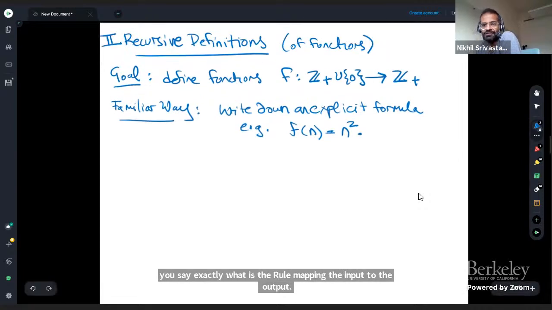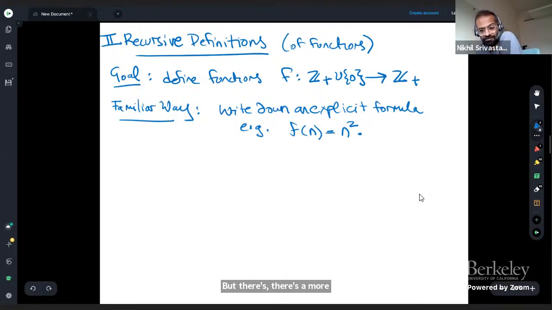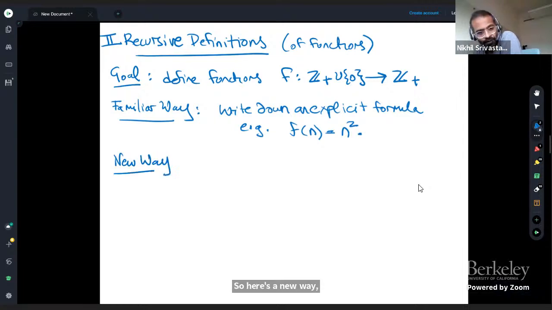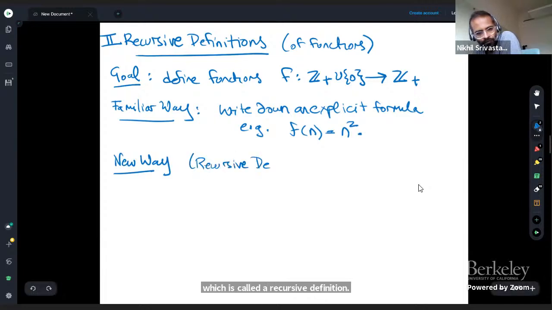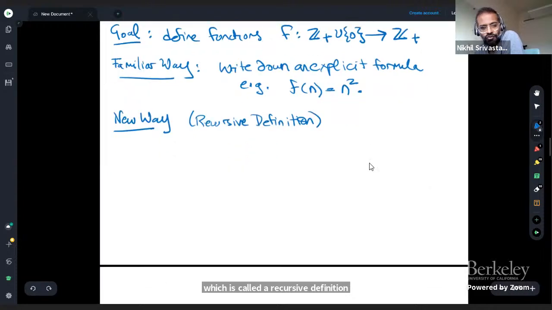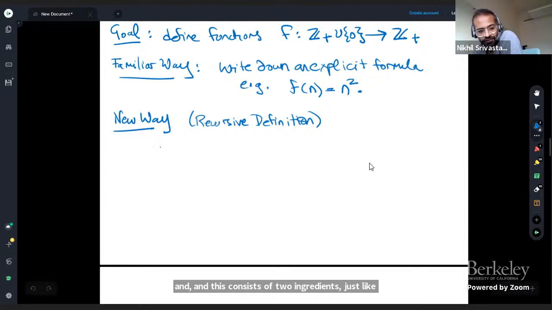But there's a more flexible way of defining functions that comes up a lot, especially in computer science. So here's a new way, which is called a recursive definition. And this consists of two ingredients, just like a proof by induction.